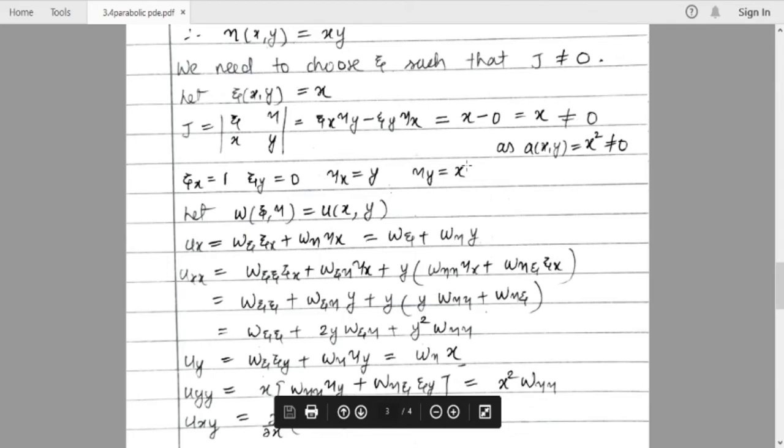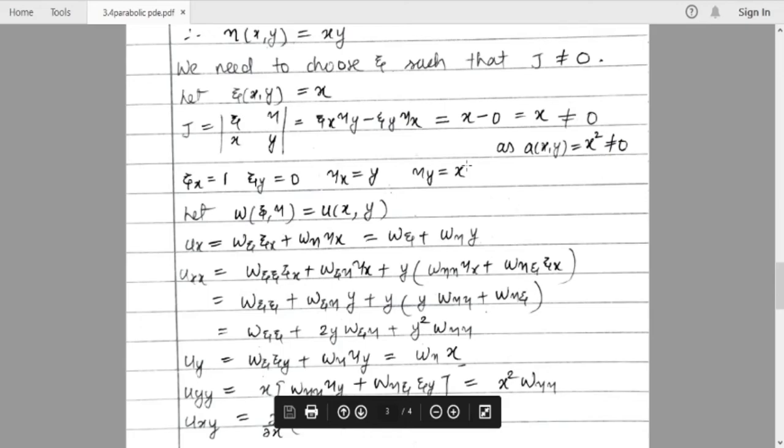So w and u are the same. The only thing is that u is a function of x and y, and when we change the coordinates, u becomes a function of theta eta, which we represent by w. Now we have to substitute the derivatives. First we will find ux. ux is w theta theta x plus w eta eta x. So we have substituted the values of theta x and eta x.